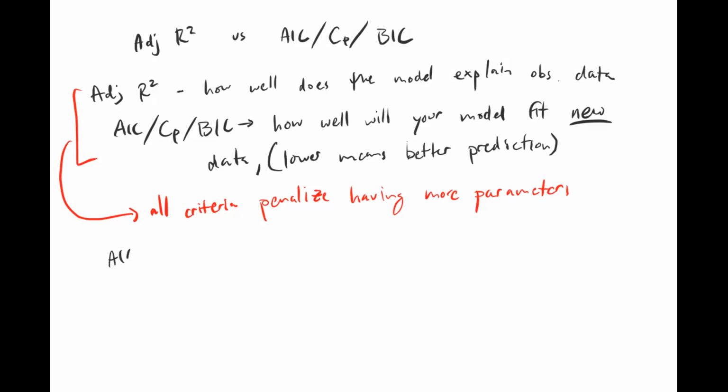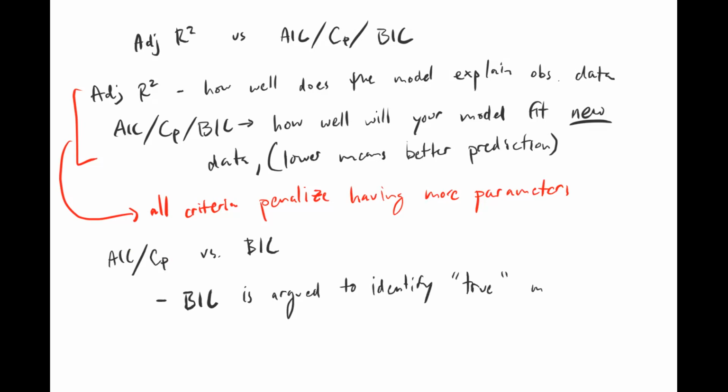So AIC, Cp versus BIC. BIC is argued to identify the true model as n approaches infinity.